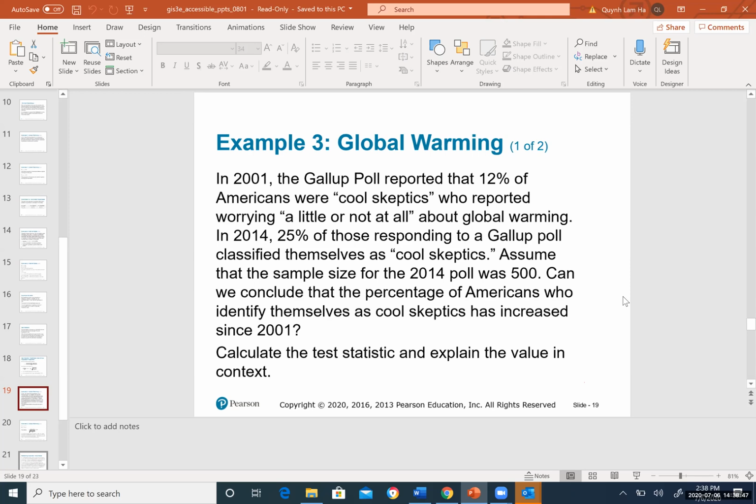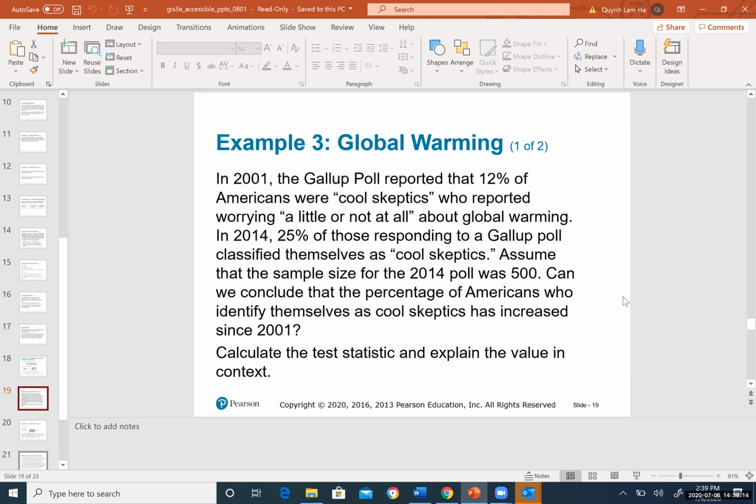So in 2001, the Gallup poll reported that 12% of Americans were cool skeptics who reported worrying a little or not at all about global warming. So in this sentence, you notice the data is 12%. In your mind, is it P naught or P hat? So you have to think about that one.